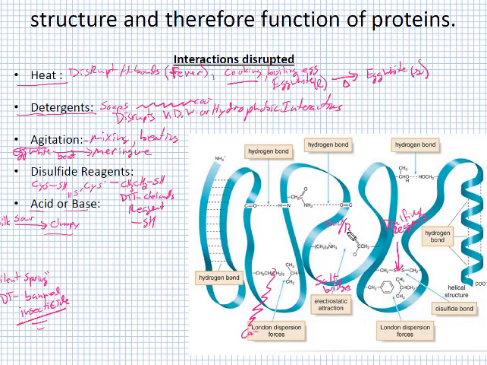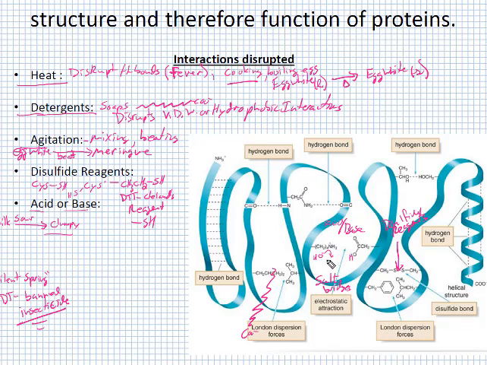So acid or base. If we add acid, what we're doing is putting a hydrogen on this carboxylate. Well, now it's not charged anymore, so we lose that electrostatic interaction. If we have a base, what do bases do? Right, this OH is a base.